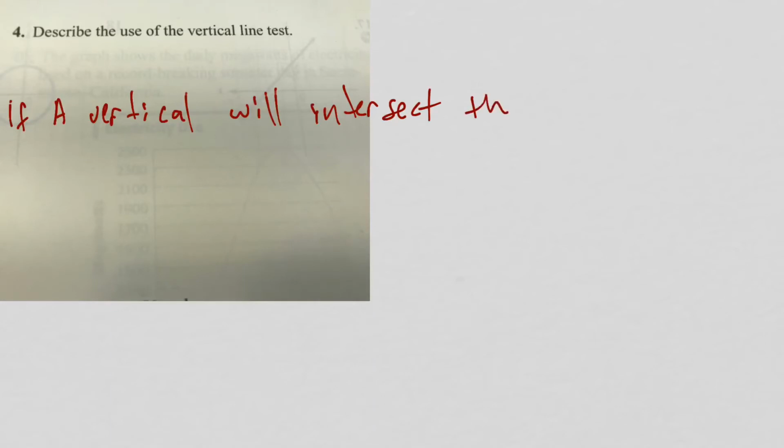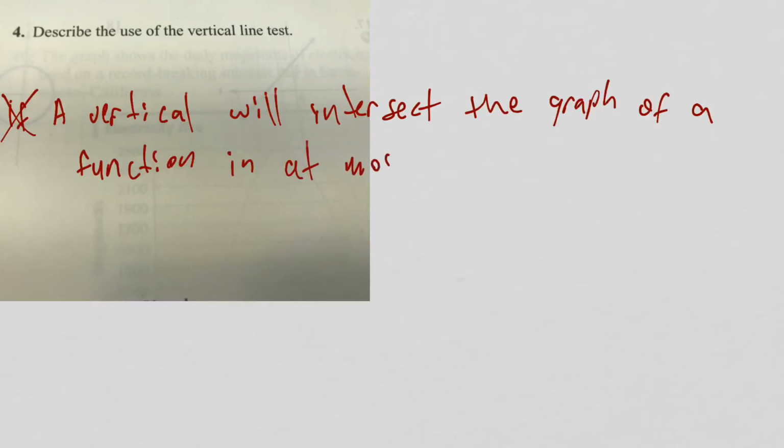A vertical line will intersect the graph of a function in at most one point.